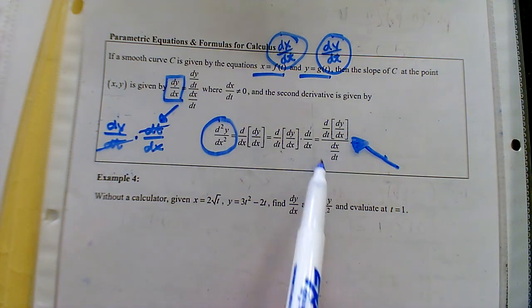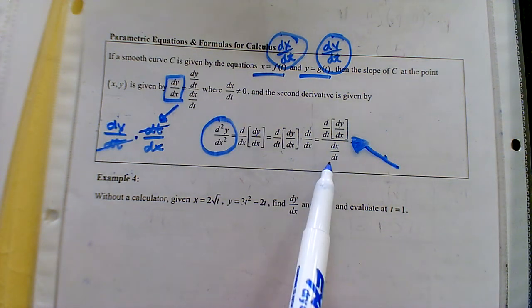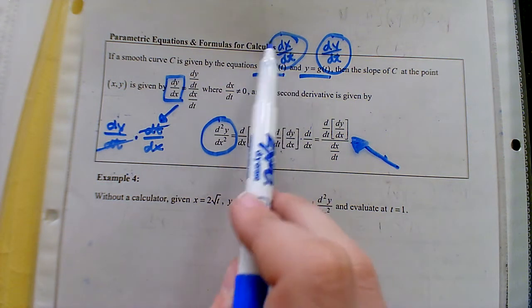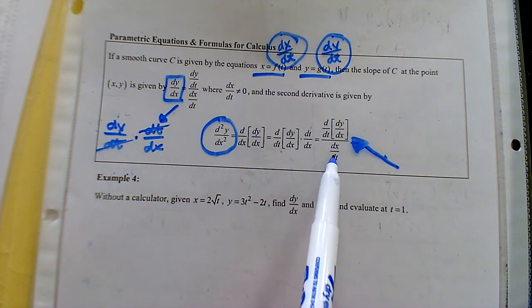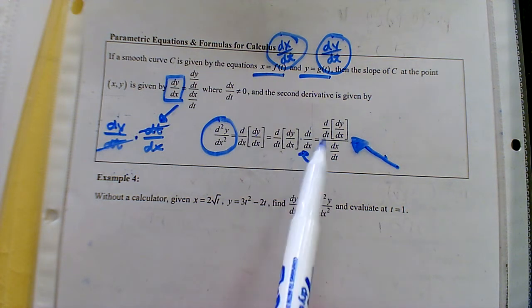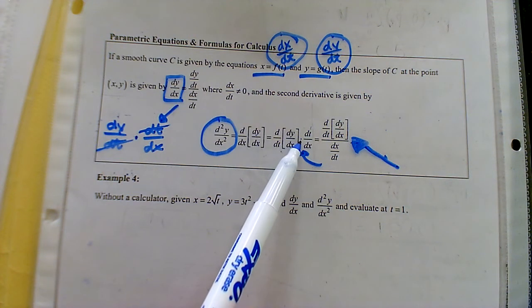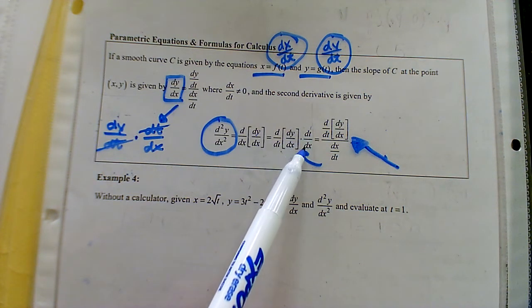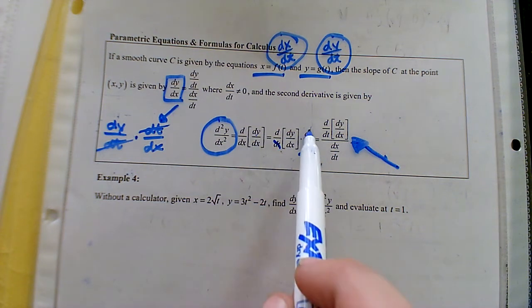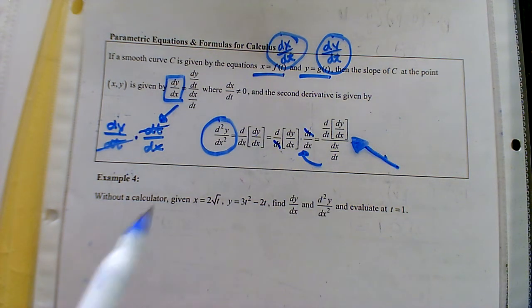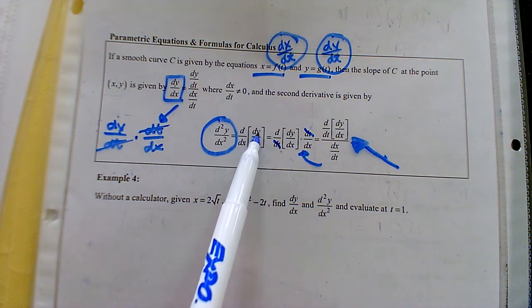What does dx over dt represent? That's the derivative of the x equation. Very similar, instead of dividing by a fraction, you can multiply by its reciprocal. Do you see how I brought that up and multiplied by dt over dx? Notice how the dt's will cancel, so we're left with d dy over dx dx.